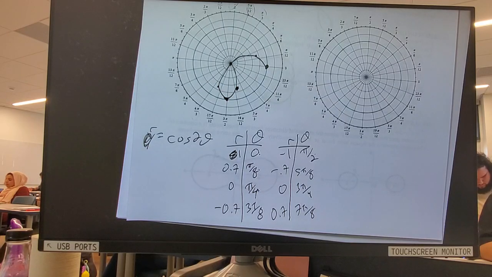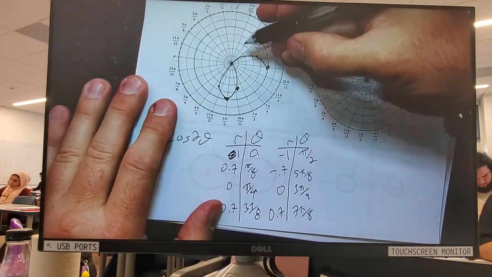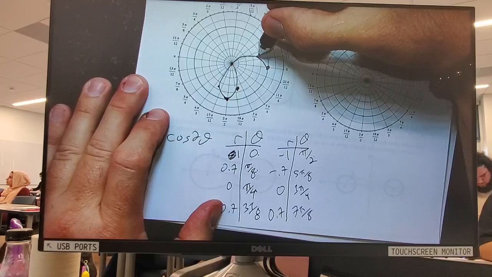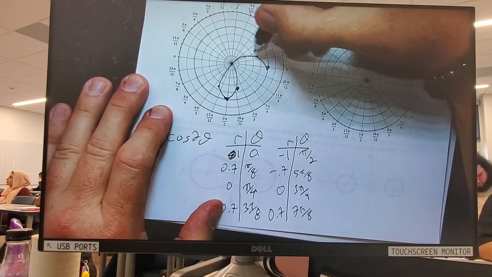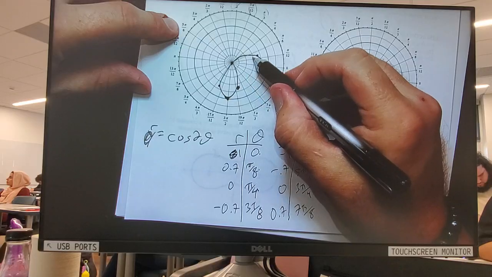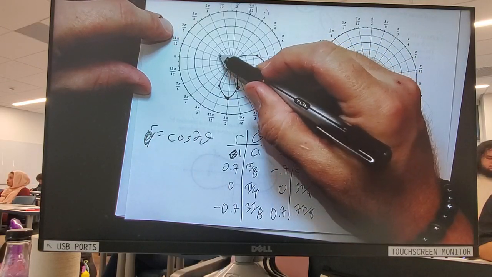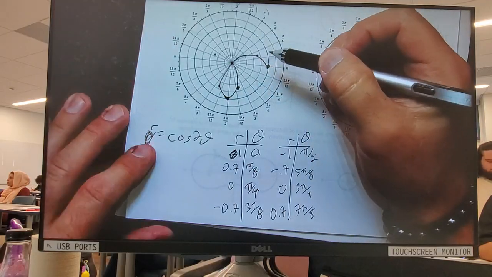Okay. So let's see if we can do this a little bit easier. I don't have to continue with my table. I know it's going to have a mirror image point here over there. So between the 6 and 12, it's going to go out 1, 2.5.